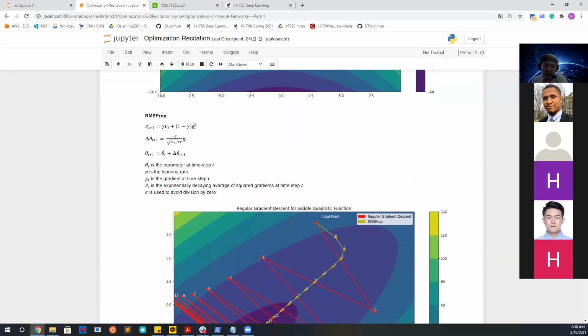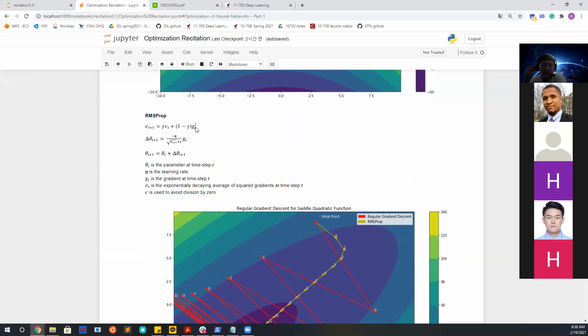Yeah, so the next method is RMSProp. This one considers the square of the gradient and tries to keep an accumulation of the square of the gradient, like a weighted accumulation.